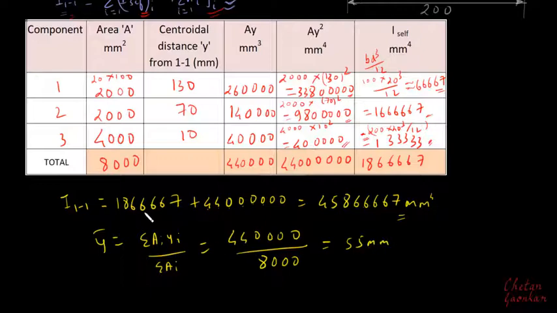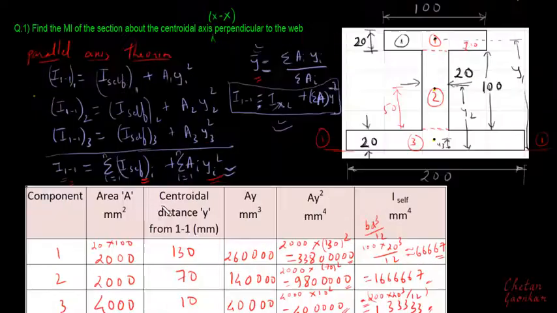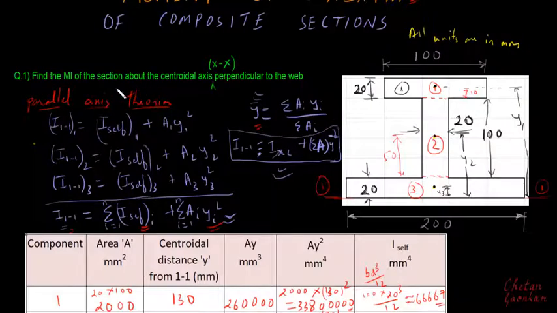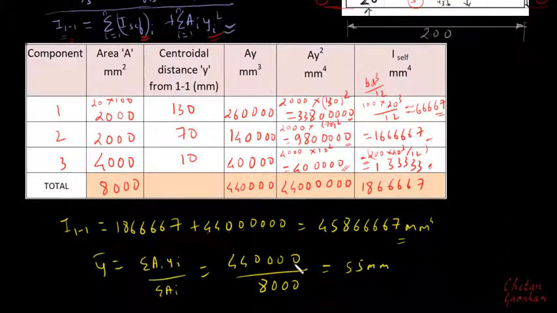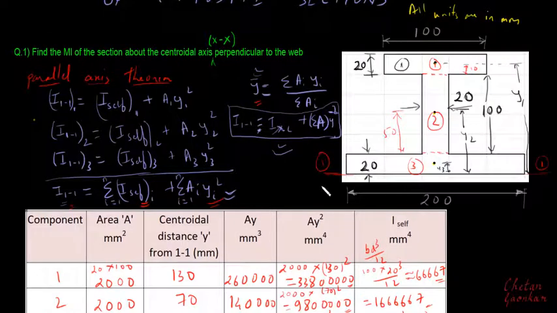Now finally I need to find the moment of inertia of this section about the centroidal axis, that means the axis which passes through this centroid. I found that the centroidal distance y bar is 55 mm from this reference axis 1 1, so it is at a distance of 55. This is 20 and 35, so it will be somewhere here at this point.